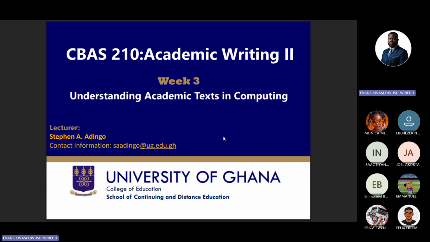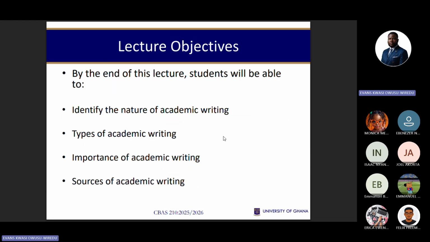And one of the things that we studied was identifying the nature of academic writing, what are the features that they possess, and then we also looked at the types of academic writing, right? We looked at the importance of academic writing and the sources of academic writing. Good.